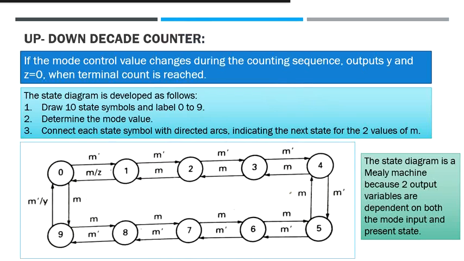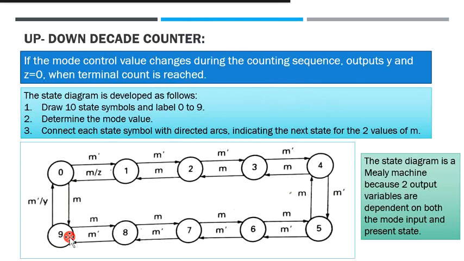Since it's a decade counter, we require a total of 10 state symbols starting from 0 to 9. Then we need to determine the mode control value, whether m is equal to 0 or m is equal to 1. If m is equal to 0, then we need to count in the upward direction. If m is equal to 1, we need to count in the downward direction.